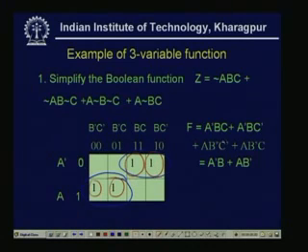The first couple reduces to the first row, A bar, and B. See here, in these two terms B is common, so it will be A bar B. In the second couple, A is common and B bar is common, so it reduces to A B bar.